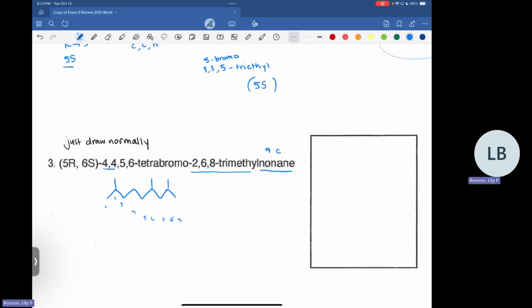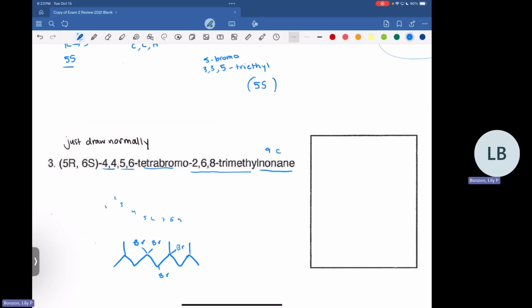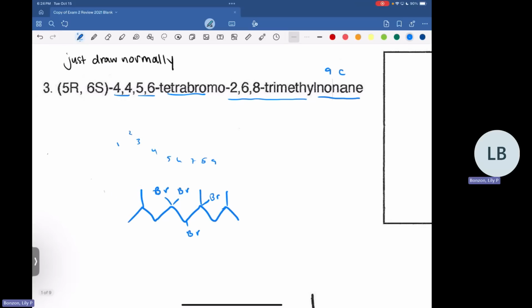And then we have 4,4,5,6 tetrabromo, so we've got bromine, bromine, bromine, bromine. And then we have 5R and 6S.